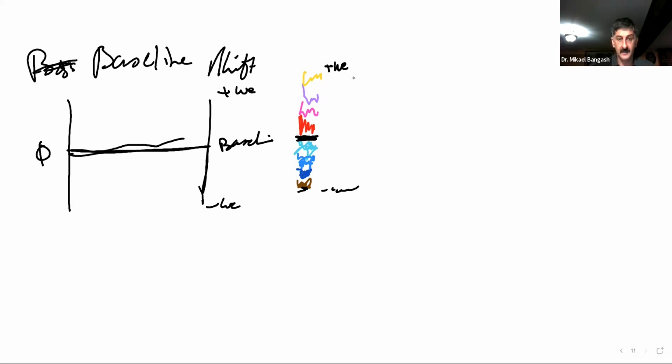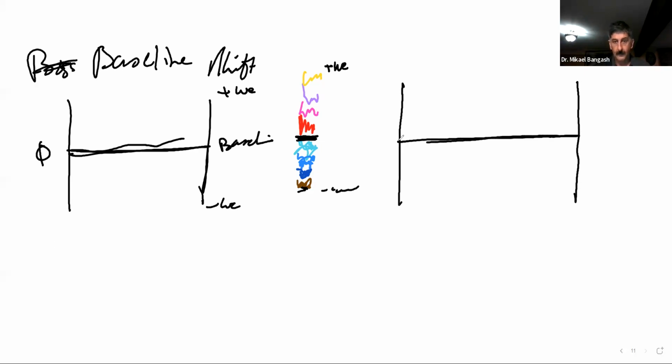Now it's easier to just demonstrate it on a spectral Doppler, because this is your baseline, which we know represents the zero Doppler shift. So we call that the baseline.